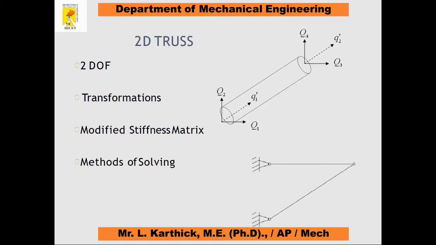The stiffness matrix for the one-dimensional element is slightly modified for this truss element based on the transformation. Next we are going to discuss the method of solving. How do we solve these truss elements? Solving one-dimensional problems is easier than solving two-dimensional problems. But it is not super complex, it is a simple one, but we need to understand it.